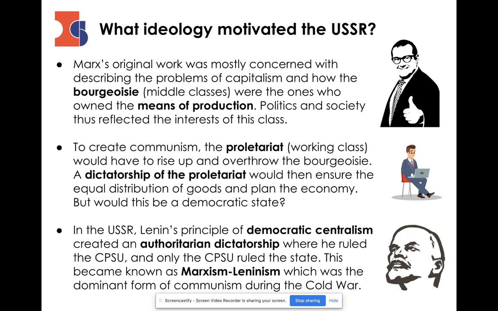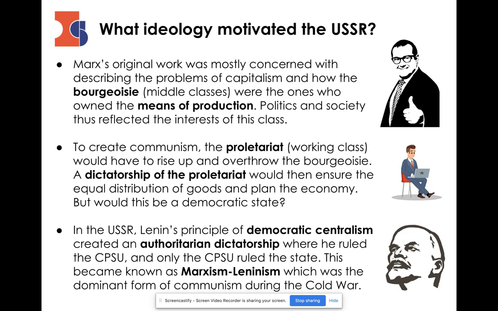Would a communist state be democratic? Well, it was touch and go, and it was an experiment. In the world's first communist country, its leader, Vladimir Ilyich Lenin, developed the principle of democratic centralism. And under Lenin in the 1920s, the USSR turned into a very authoritarian dictatorship, where Lenin ruled the Communist Party as a dictator and the Communist Party ruled the state.